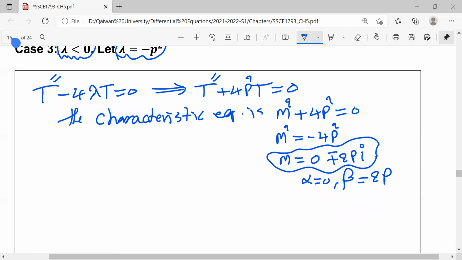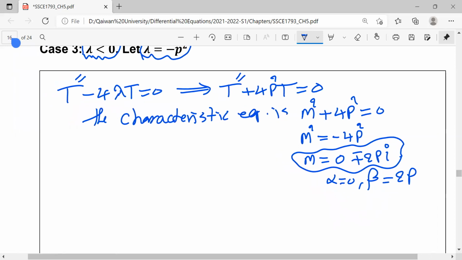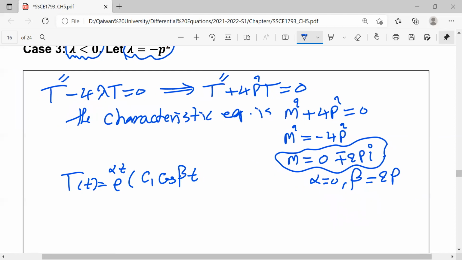Now we write down the general solution for this ordinary differential equation. Here, T of t equals e to the power alpha t times, let's say, C1 cosine beta t plus C2 sine beta t.